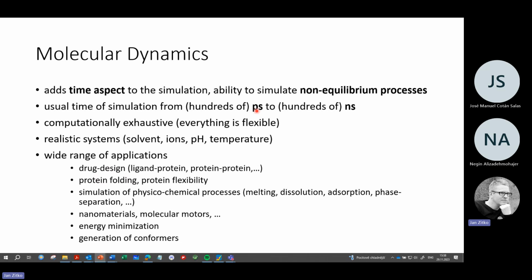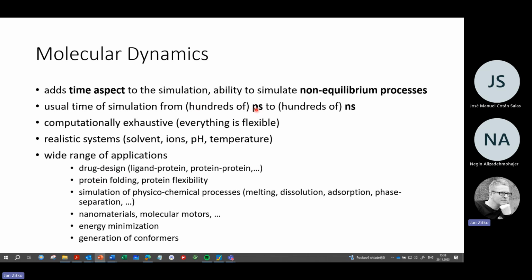When I say time aspect, you should have an idea how long are the processes which we are able to simulate by molecular dynamics nowadays. A typical molecular dynamics simulation today is usually from tens of nanoseconds to hundreds of nanoseconds. That's very typical. Sometimes, for some purposes, it's enough to do a shorter simulation, just hundreds of picoseconds, for example.